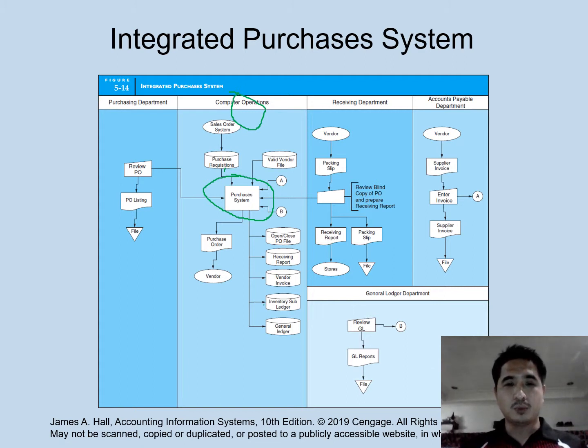If we look at the process, we start with the sales order system when you sell goods, and the inventory stocks go below the specific level or the order level.